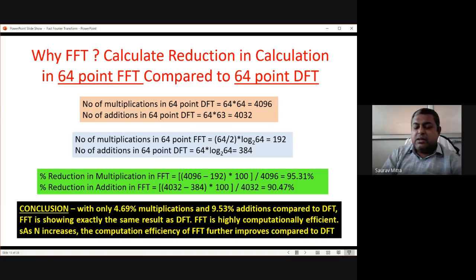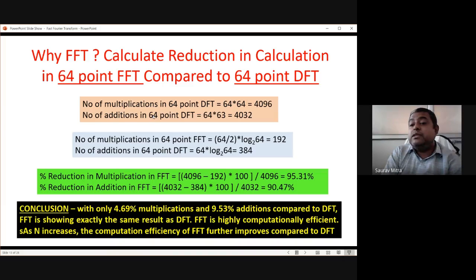So what is the conclusion? The conclusion from this 64-point DFT is that with only 4.69% multiplication and 9.3% addition compared to DFT, FFT is showing exactly the same result. FFT is highly computationally efficient. As n increases, the computational efficiency of FFT further improves compared to DFT. I have calculated for 64 points.